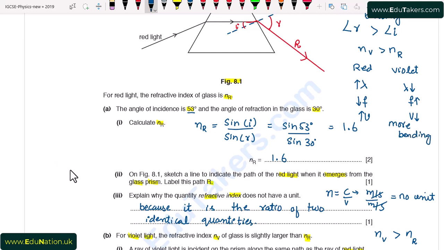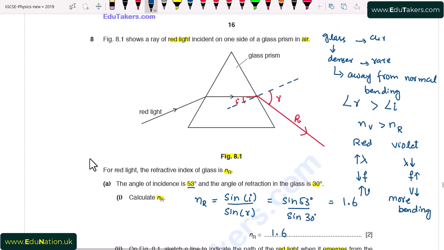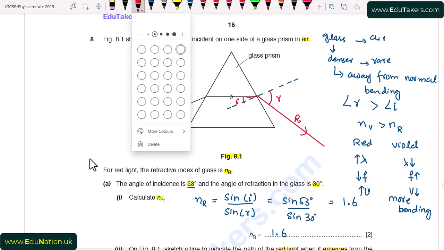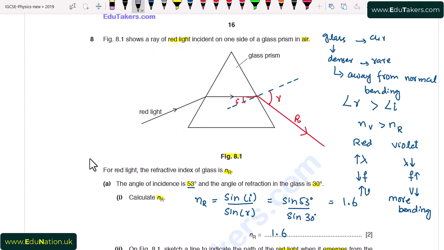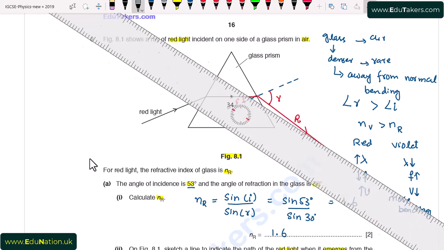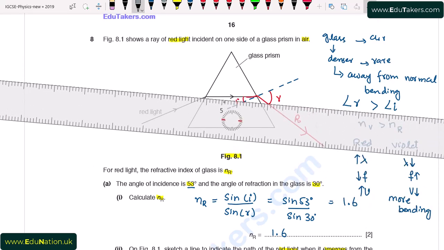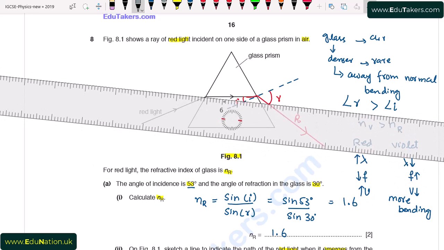Now going on to figure 8.1, we have to draw the path for violet light. Now I take a ruler and draw the path inside this.